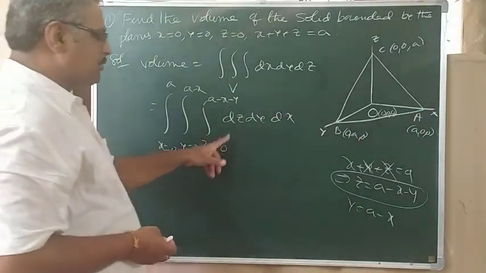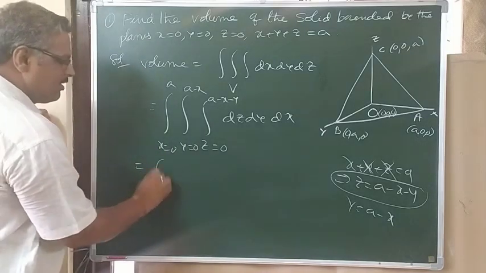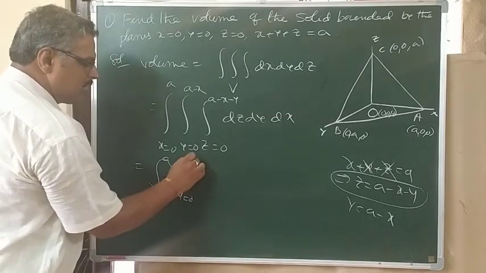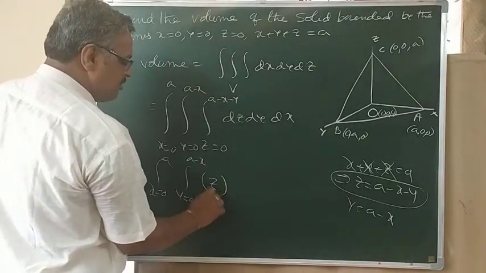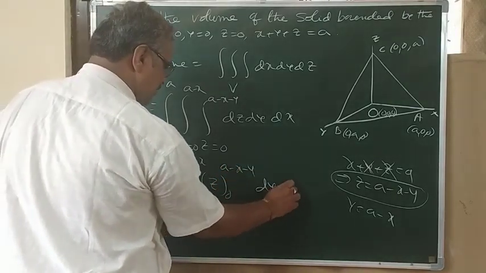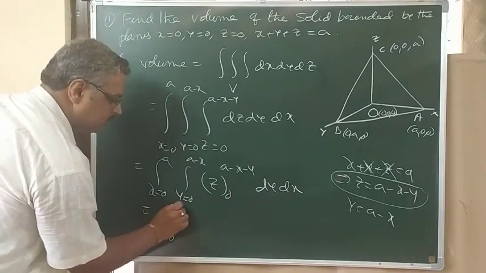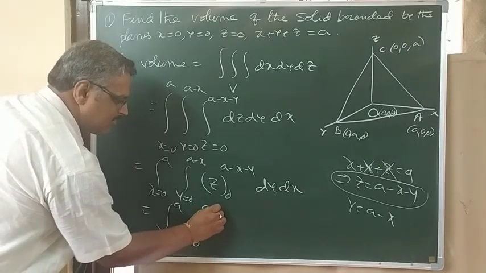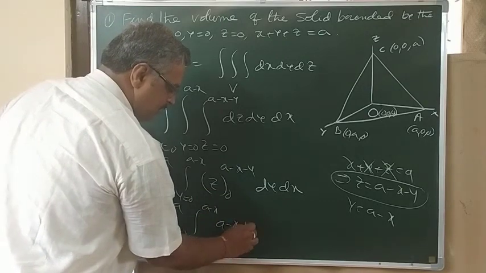Now first integrate with respect to z, then with respect to y, then with respect to x. x is 0 to a, y is 0 to a minus x. The integral of dz is z, limit 0 to a minus x minus y, dy dx. Now substitute the z limit, a minus x minus y.